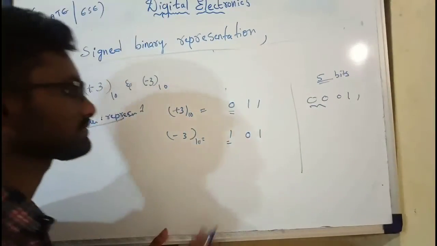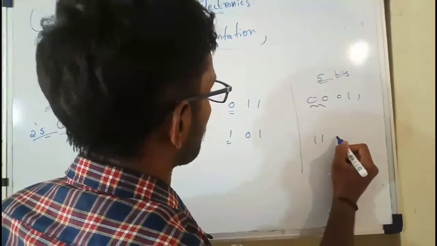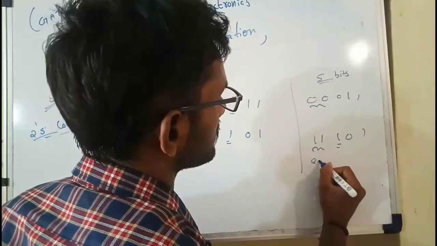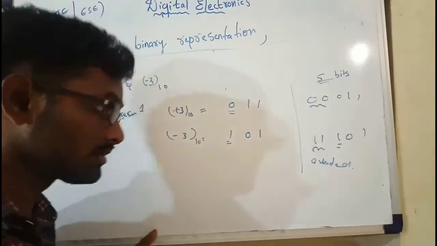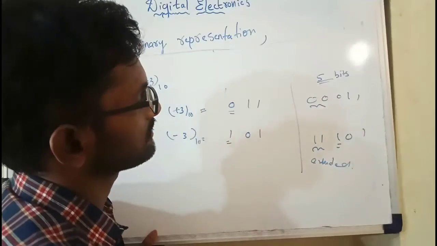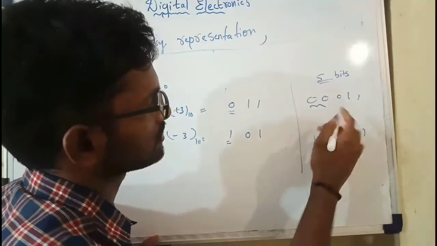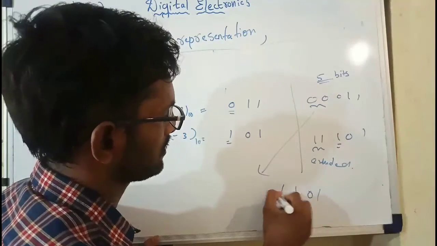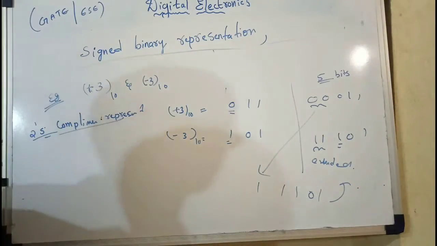For -3, add 1, 1 to 1, 0, 1. These two are the extended bits. Now we will check whether the extension is correct or wrong. The sign extension for 5 bits equals the 2's complement of this number. The 2's complement of this number is 1, 0. Here we are getting the same numbers. So here the sign extension is possible.